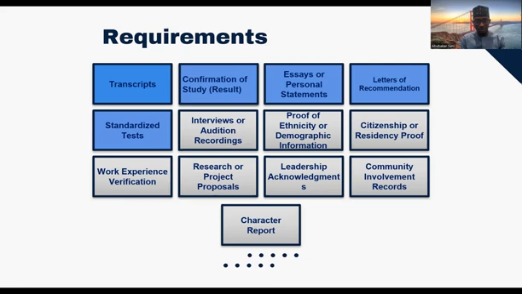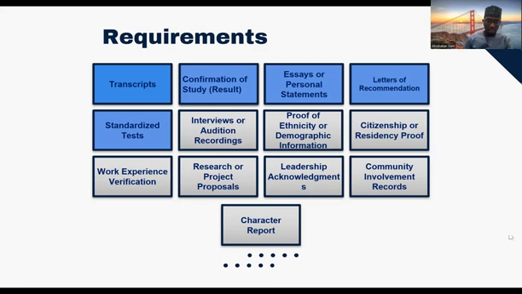Because before they give you a scholarship, they don't want to bring criminals to their countries, they want to bring those people who are very, very clean in terms of their records. And this will help you also to make sure you have no issues related to the security agencies.